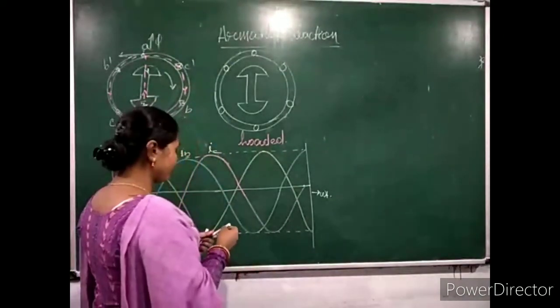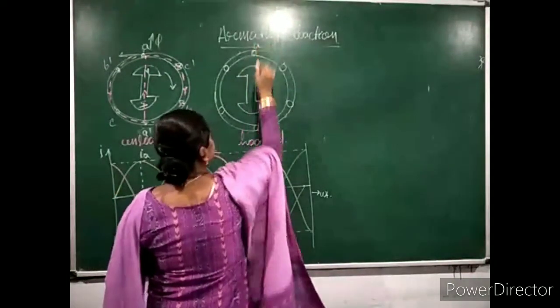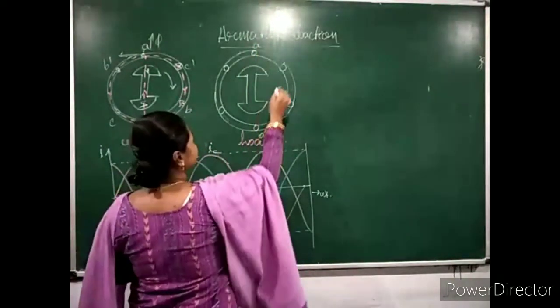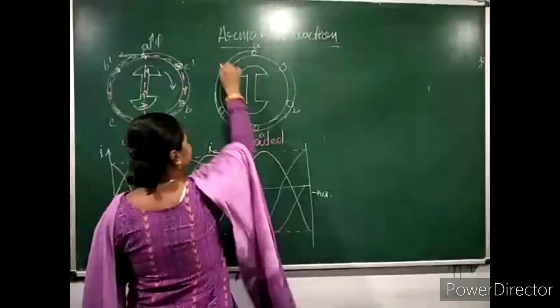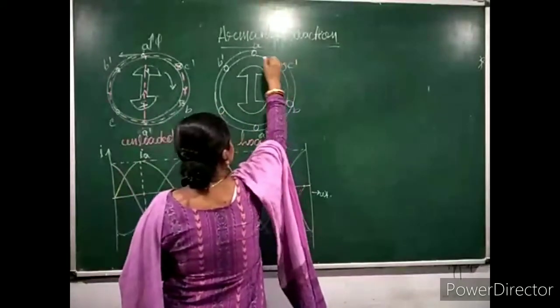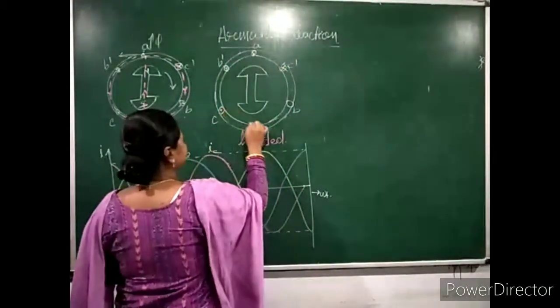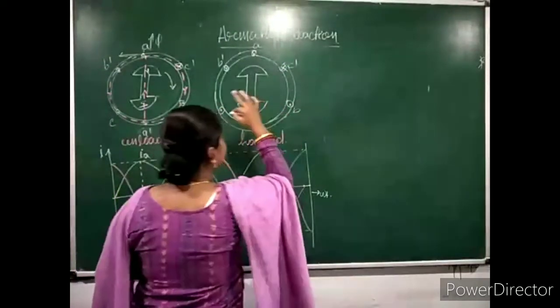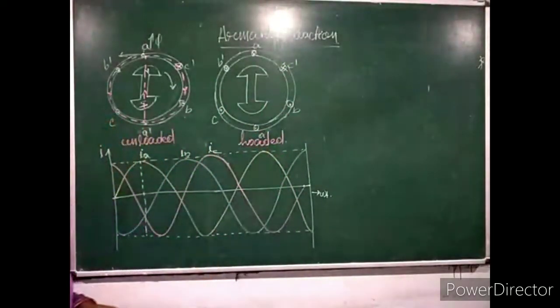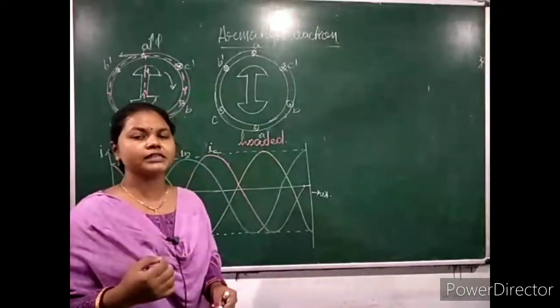So here also, suppose this end is A, this is A dash, this is B, B dash, this is C, C dash. This is cross, and these are dots. Why do I say it is cross? How do you know the direction? Cross means in and dot means out.